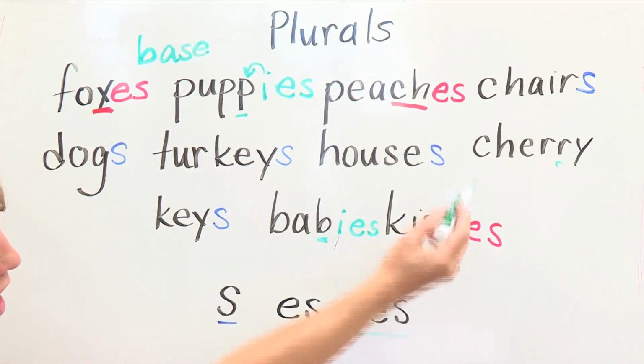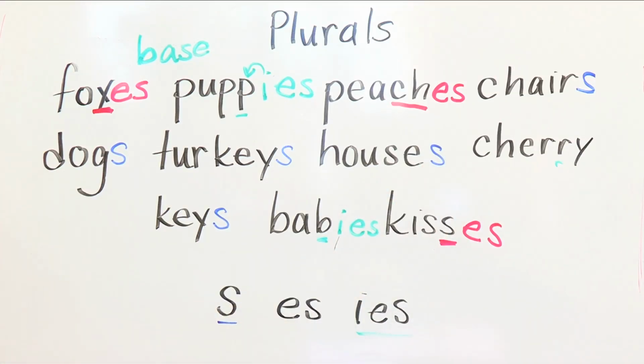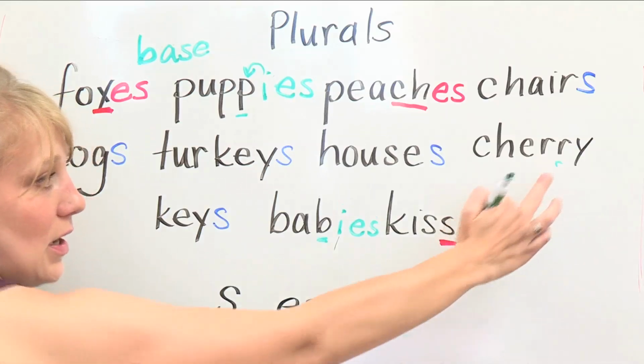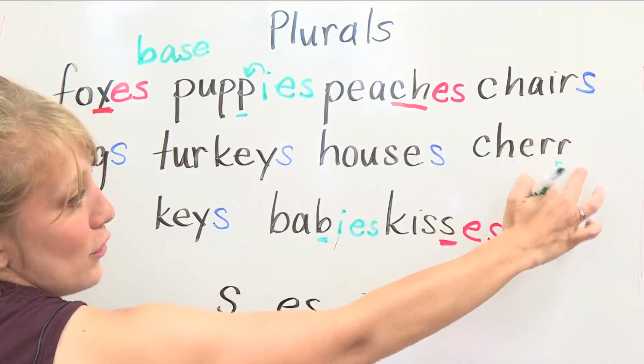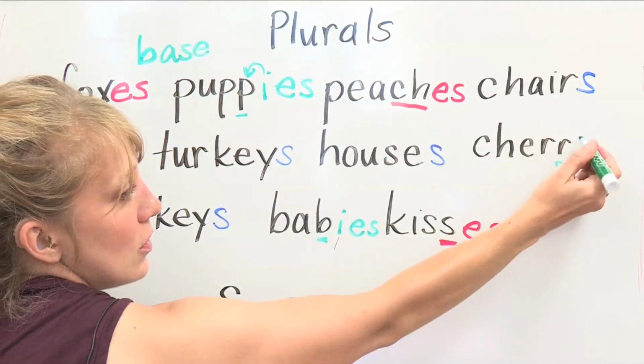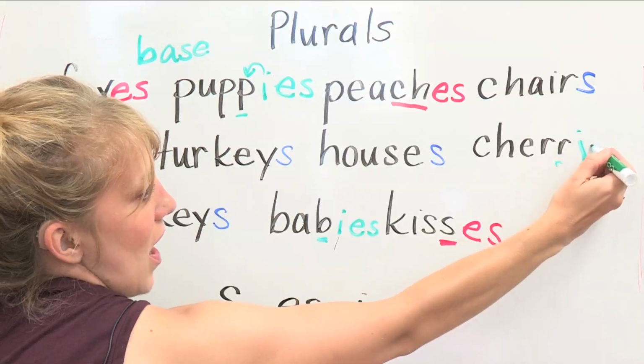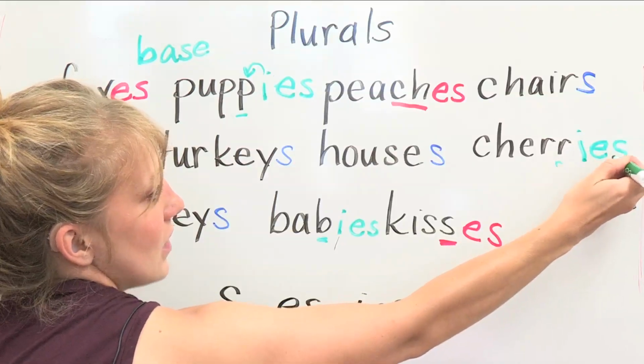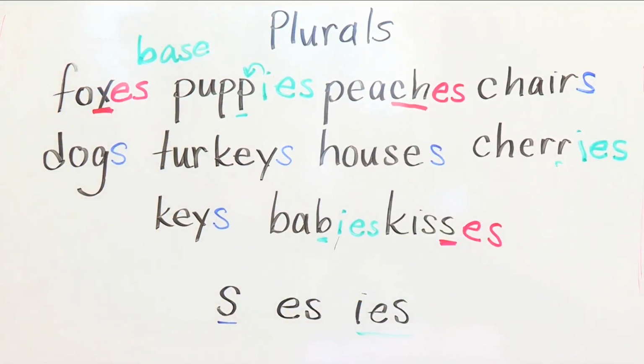And then look at cherry. There's a Y, there is a consonant immediately before it. I'm going to drop that Y, change that to I, and add ES. Students need to understand that you're dropping the Y and changing it to I.